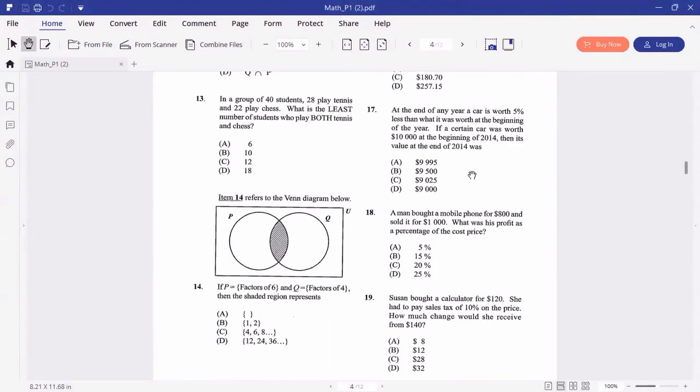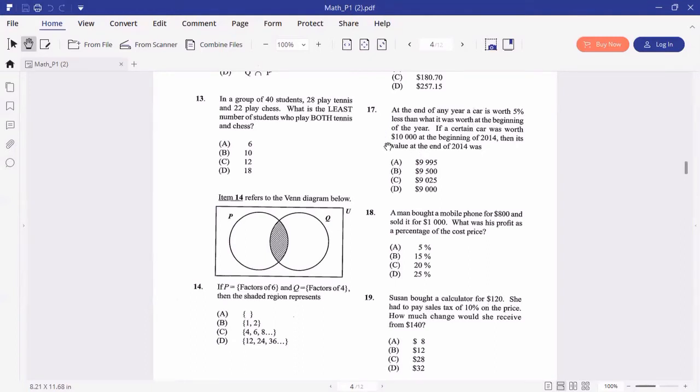It says at the end of any year, a car is worth 5% less than it was worth at the beginning of the year. If a certain car was worth $10,000 at the beginning of 2014, then its value at the end was, so if it depreciates 5%, right? Rather than finding 5% and multiplying, I can do it in one step.